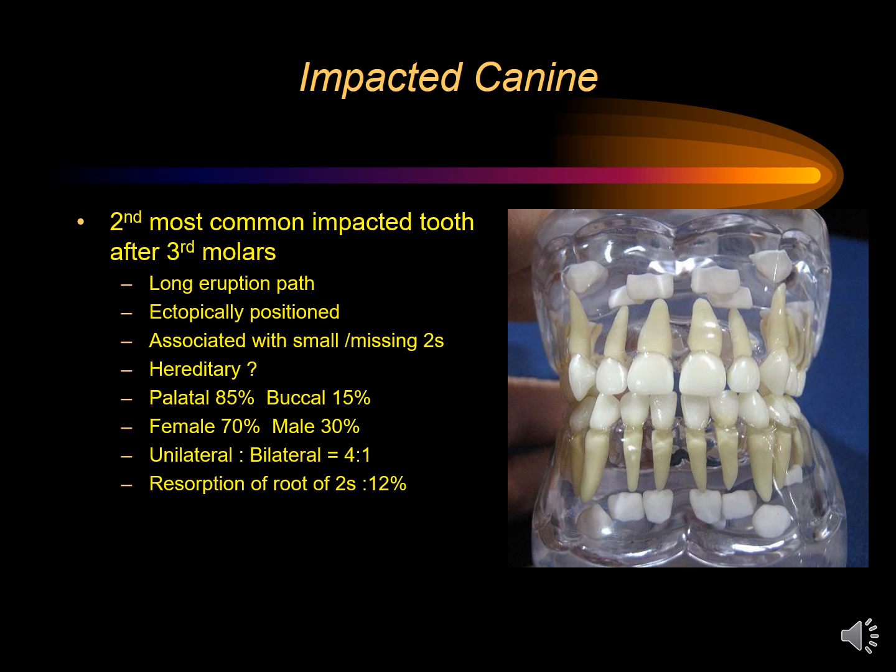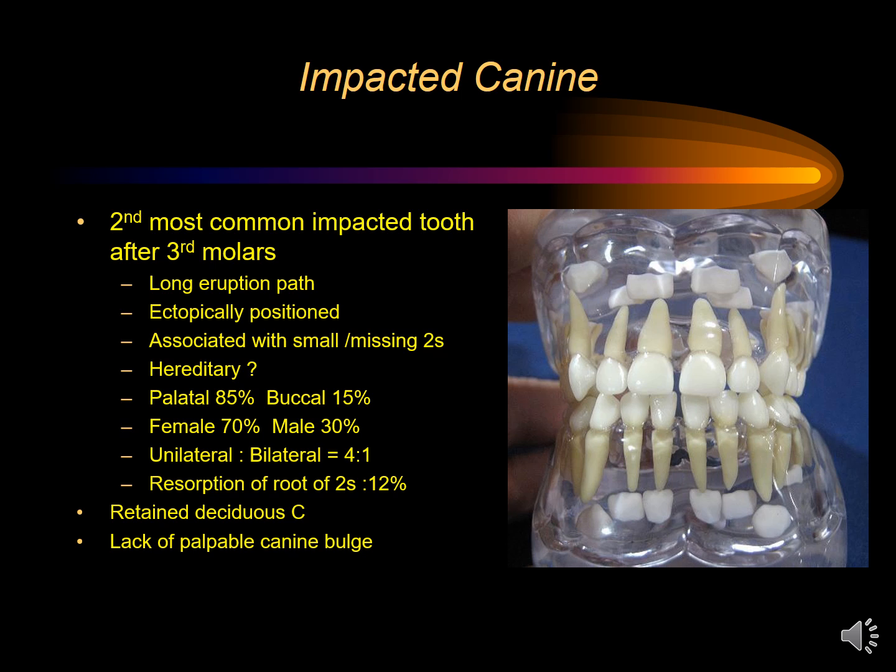It also affects females more than males, and normally it is unilateral in occurrence compared to bilateral, and occasionally, in 12% of cases, it also causes resorption of the root of the lateral incisors. And with the tooth being impacted, the deciduous canine may be retained beyond its normal shedding time.